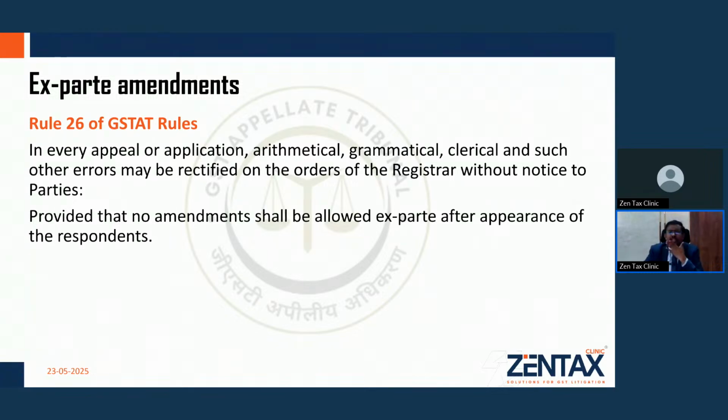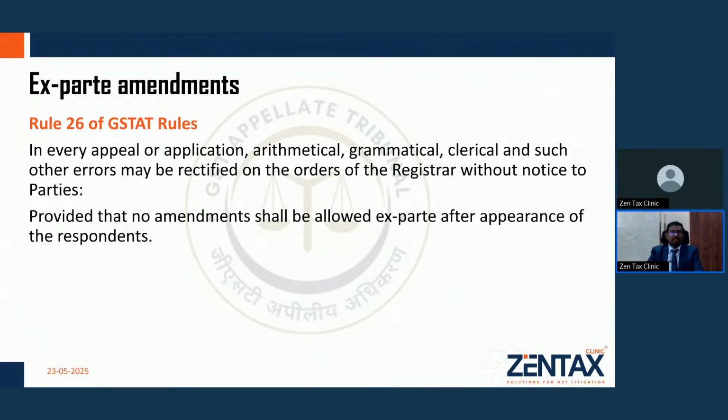If there is, say, for example, a page numbering issue, 1, 2, 3, 4, 5, 6, 7, 8, instead of page number 9, we erroneously entered it as page number 10. For this kind of very small mistake, should it be returned? Should the appeal prima facie be rejected? Right?